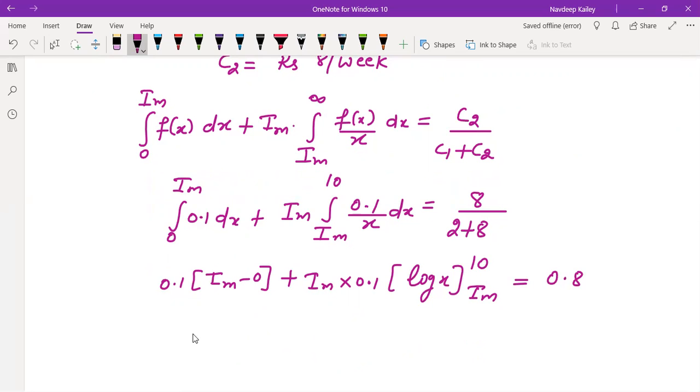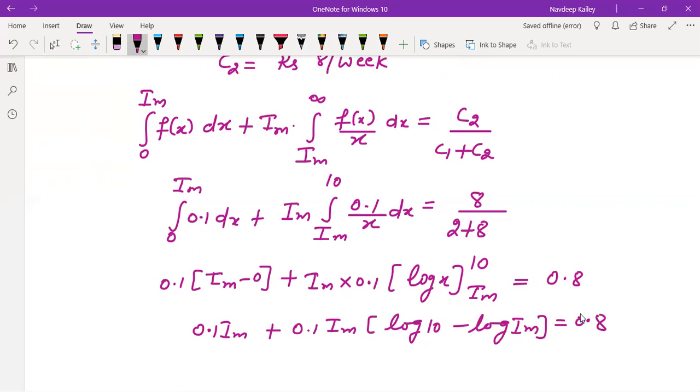This becomes 0.1 Im plus 0.1 Im times log 10 minus log Im is equal to 0.8.